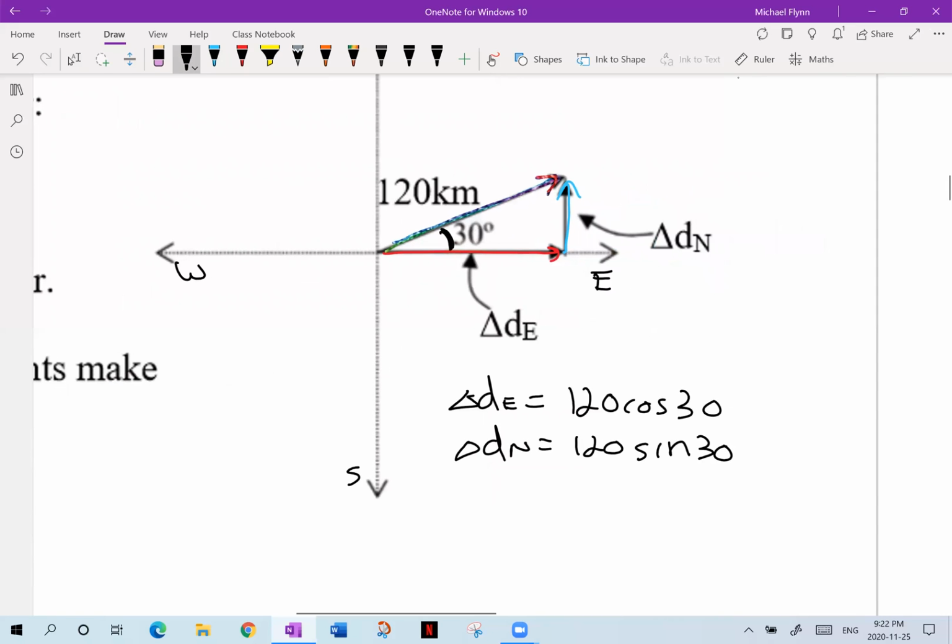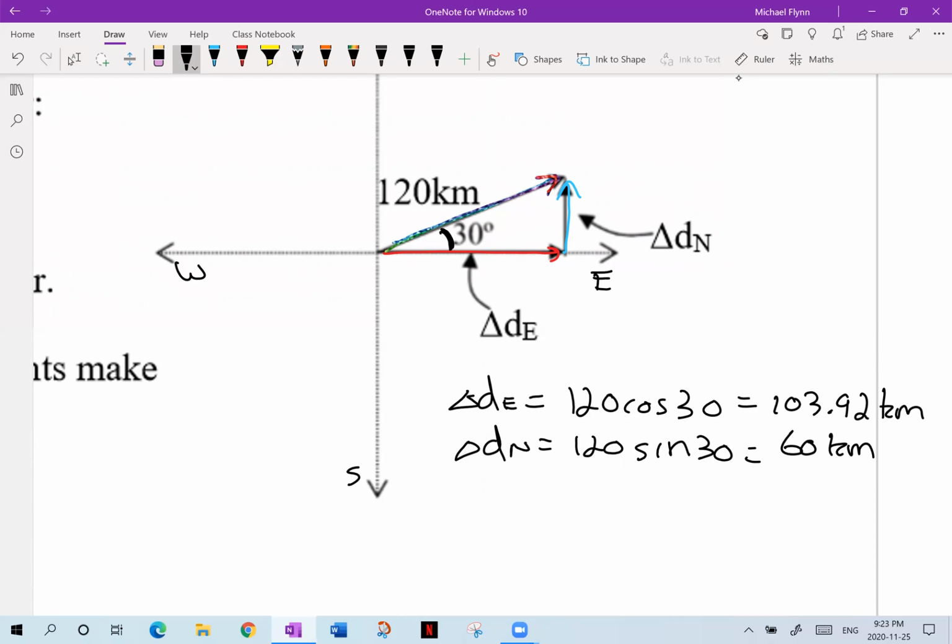Now we can actually work out what these numbers are. So you take out a calculator, punch in 120 times cos 30, and I get 103.92, so that's 103.92 kilometers. Okay, the original one is in kilometers, so that hasn't changed. This one works out to 60 kilometers.